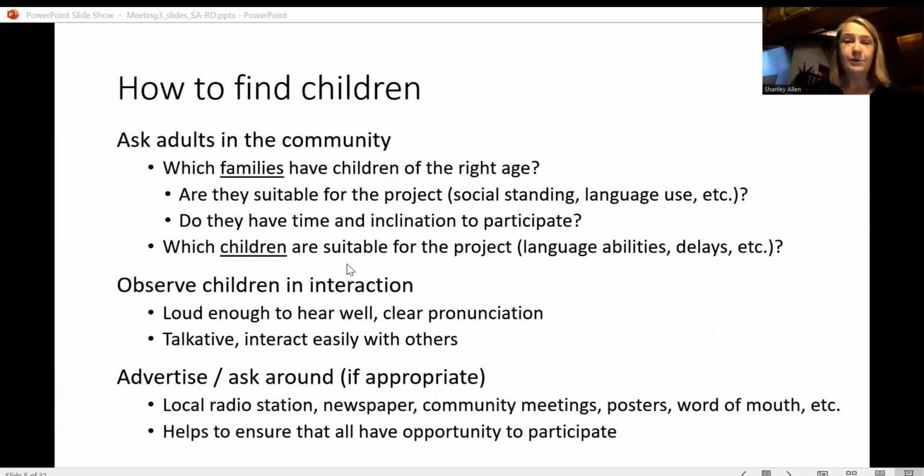Then you can, of course, observe children by yourself, observe children in interaction. So playing on the playground near where you are, hanging around the school, wherever, various community situations where you encounter them, and figure out which ones are loud enough that you can hear them well, which ones have clear pronunciation, which ones are talkative, which ones interact easily with others.